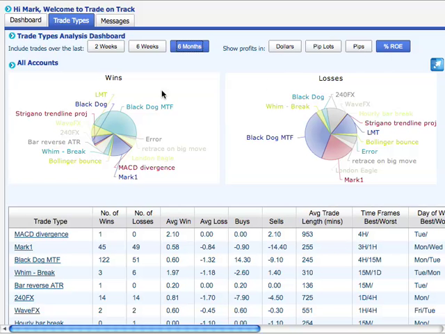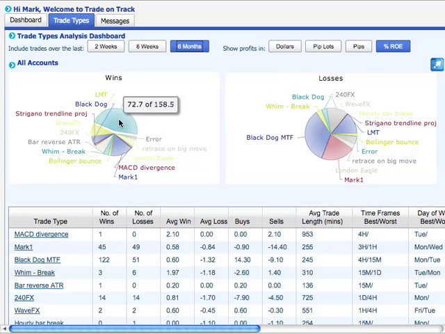The first analysis we see here is based on all your trading accounts combined. At the top we have a pie chart showing your winning trades combined, and another one showing your losing trades combined. This is fairly busy because I've got a lot of test data in here, but each of these slices in the pie is a different trading method, trade type, or trading strategy if you like.